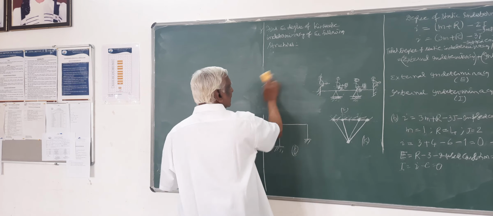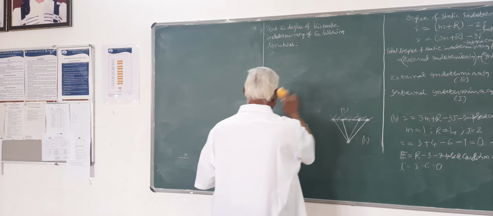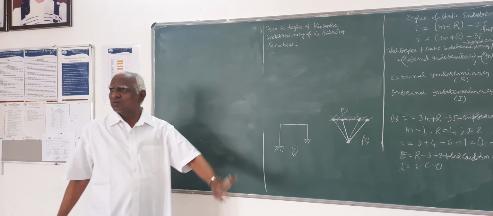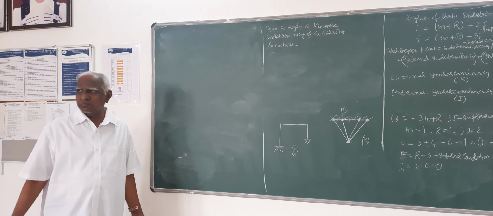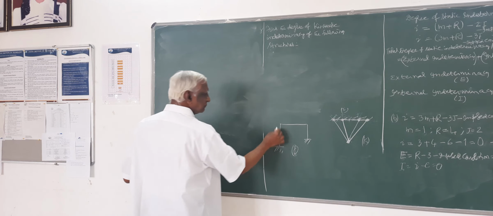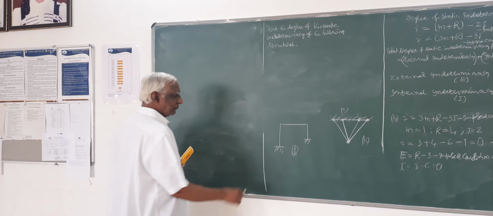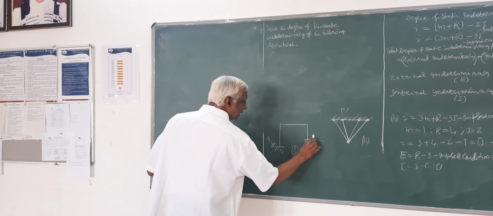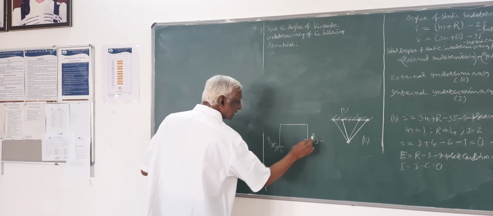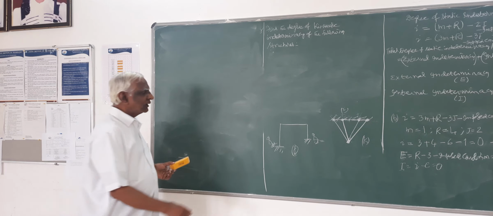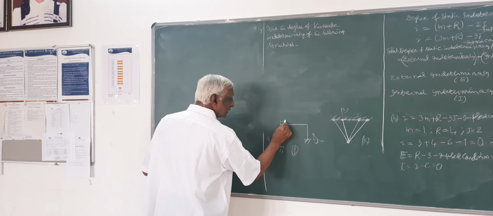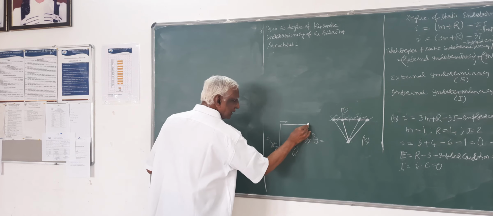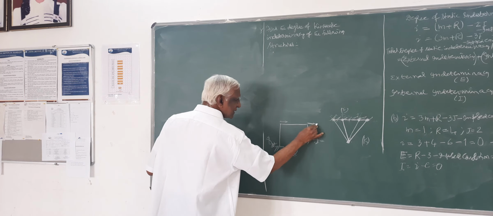So this is done. Then of course these two are very simple problems. Here kinematic indeterminacy at all these points is 0. Here horizontal is there. Here horizontal is there.